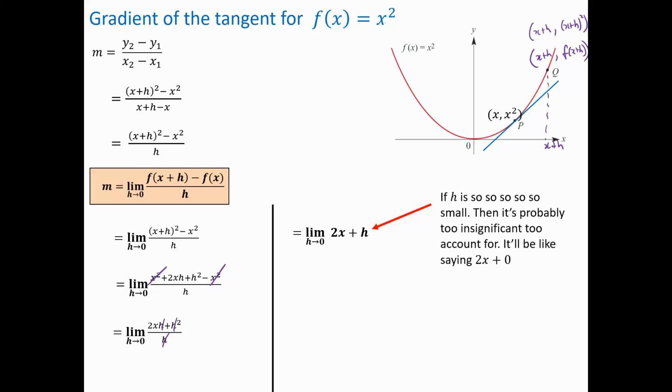So according to this, all of this so far was meant to find your gradient. What if h was so small? 2 times x plus a very, very small number. Because h is a very small number. What if I made h a very small number? Then 2x plus a very insignificant number is 2x.